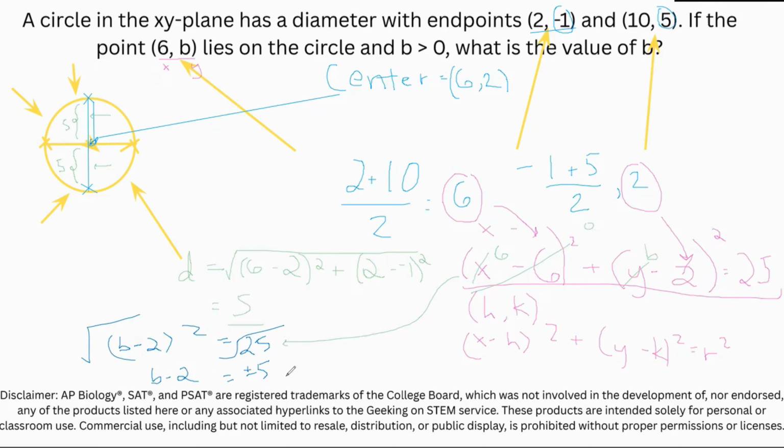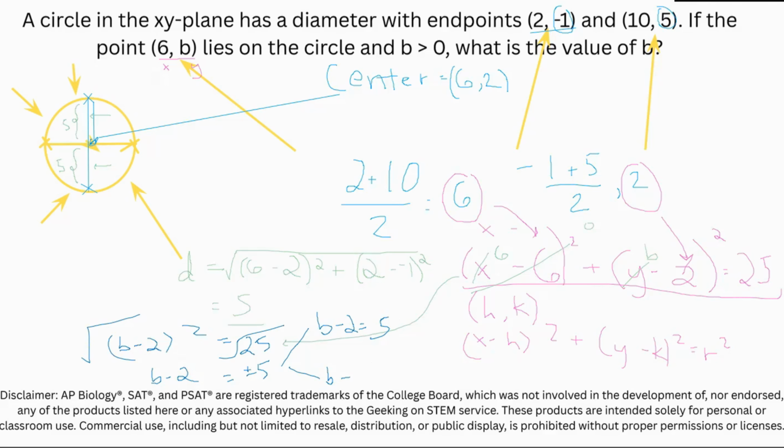Remember, we could plug this into Desmos and immediately solve. But I have b minus 2 equals plus 5 and b minus 2 equals minus 5. So you could plug that both into Desmos if you want to practice, just so you get an idea. I always say practice with and without Desmos, so that way, in case you get a problem that you don't have enough time to do Desmos, you can go ahead and do so.